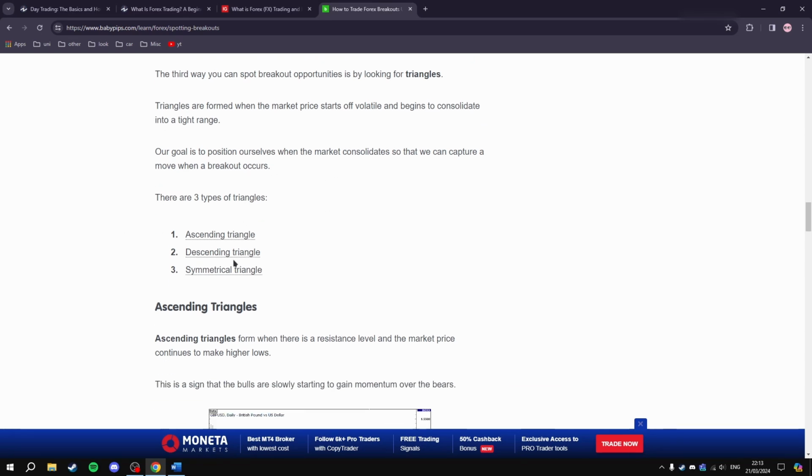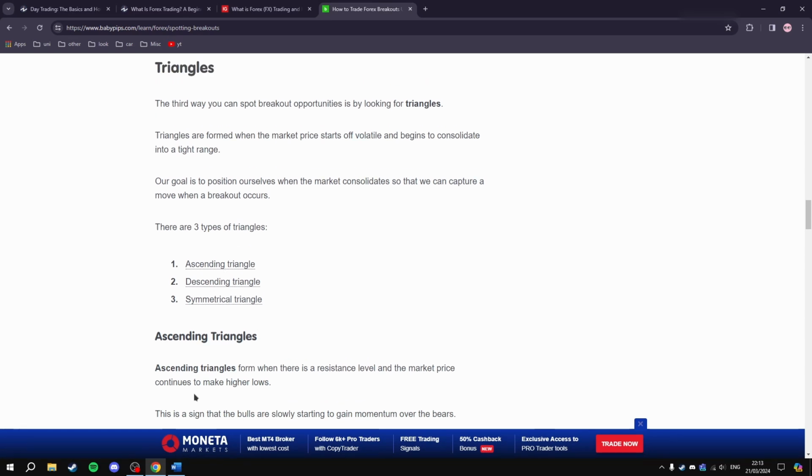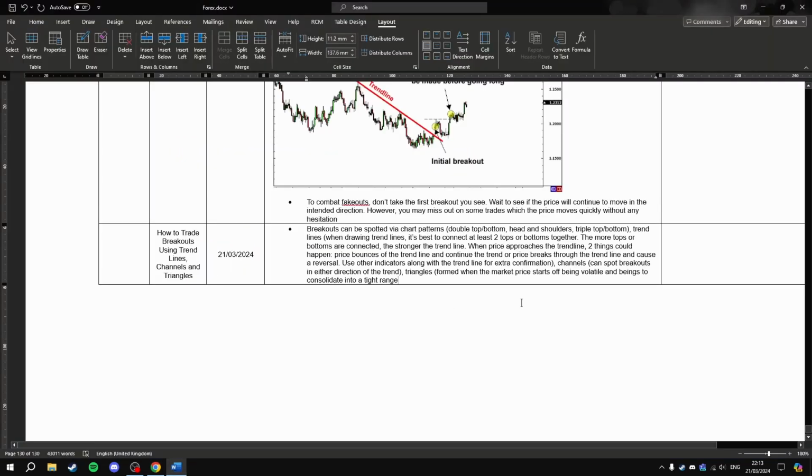There are three types of triangles: ascending, descending, and symmetrical.